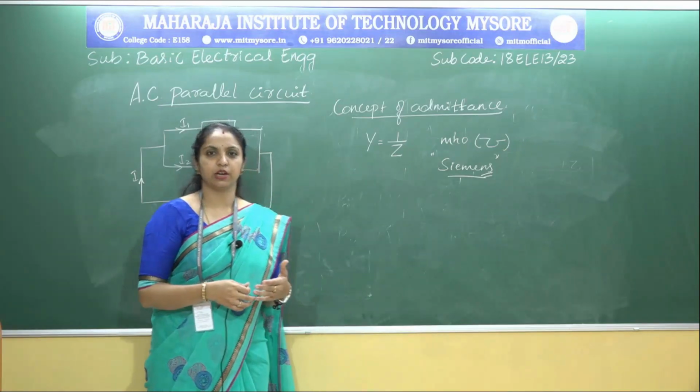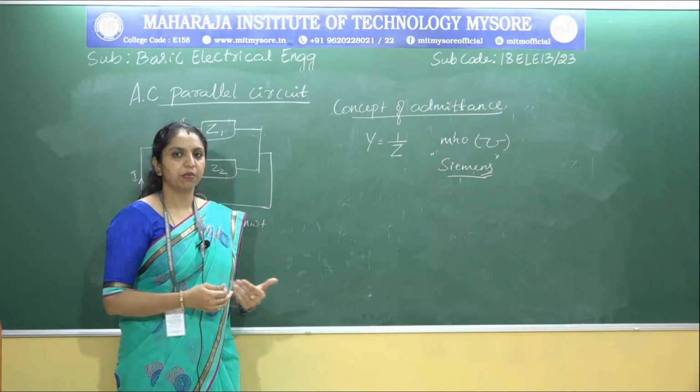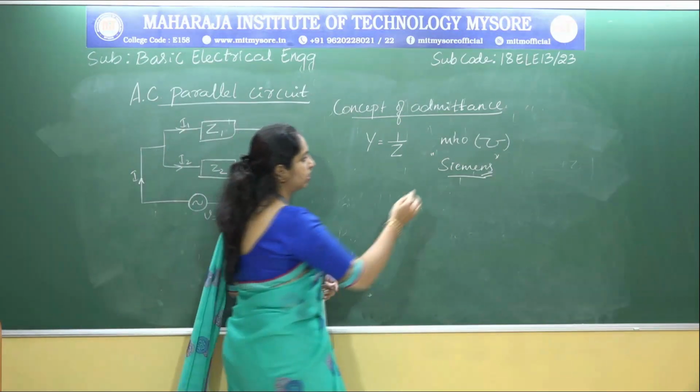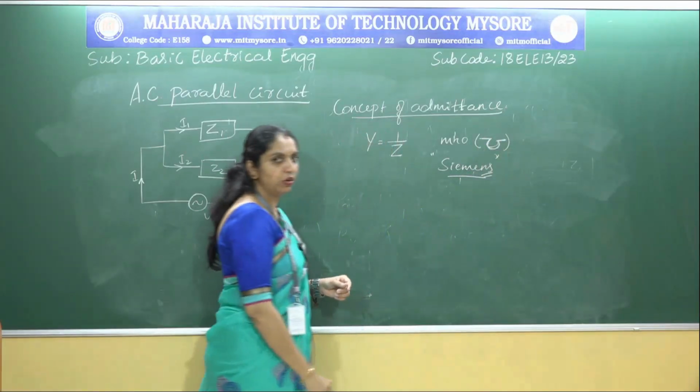Since the unit of Z is ohm, the unit of admittance is mho, or we also call it Siemens, which is the reciprocal of ohm.